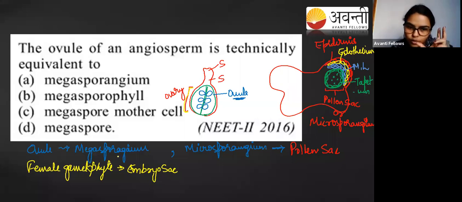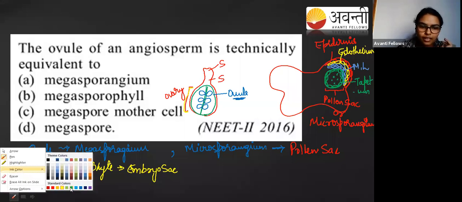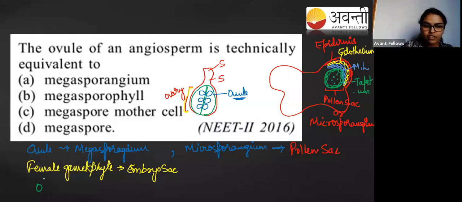That's why the name megasporangium. Megasporangium is the structure which contains megaspore. One functional megaspore gives rise to the embryo sac. Now this embryo sac will give rise to the female gamete. So which is the female gamete? Female gamete is nothing but the egg cell.